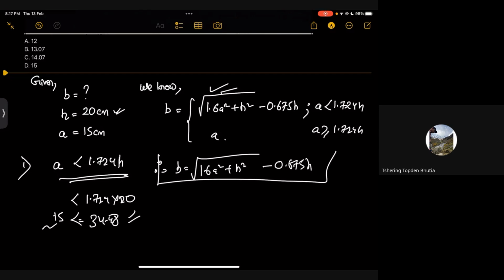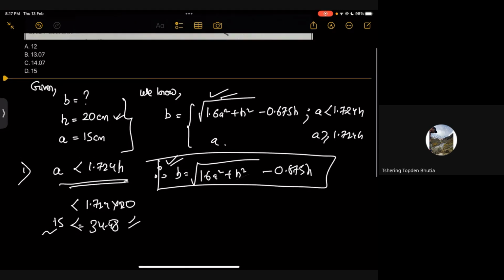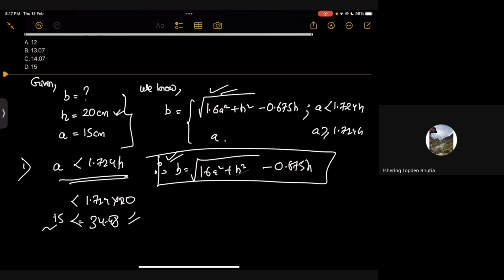So using this formula, using these details, please give me the value of B. Kindly participate in the poll. Come on, guys. I'm waiting for you guys. 5 votes are in. Please solve. We have 12 votes in. Come on, guys. 20 votes in. Remaining guys, come on.